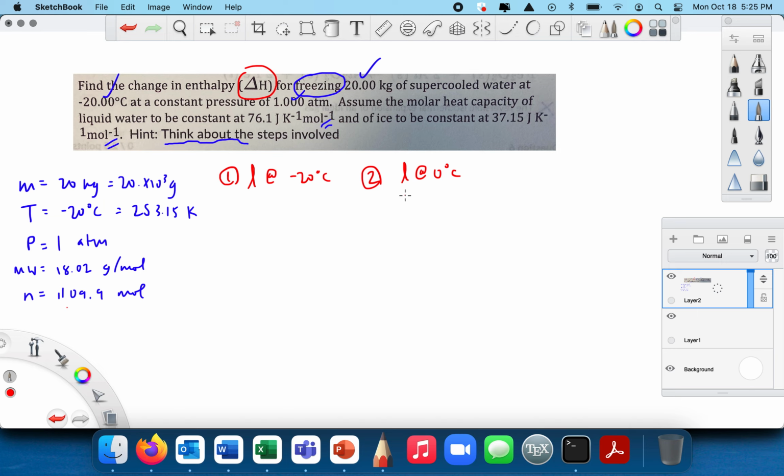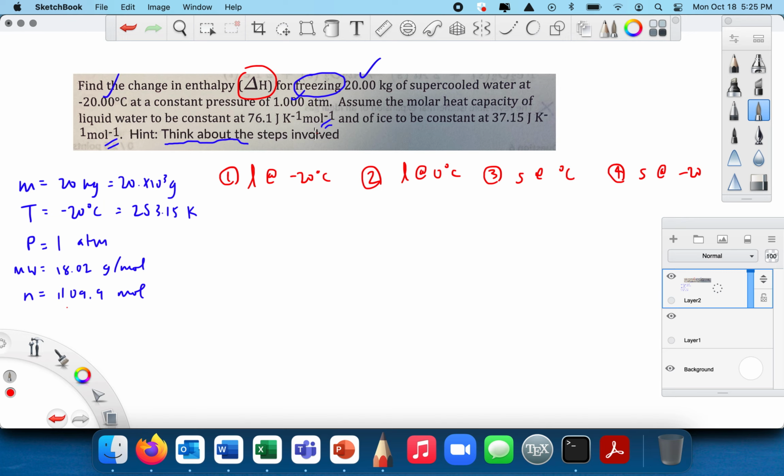Because enthalpy is a state function. So we can take this up to water at 0, and then we can take it to solid at 0, right? And then we can take it back down to solid at minus 20, right?